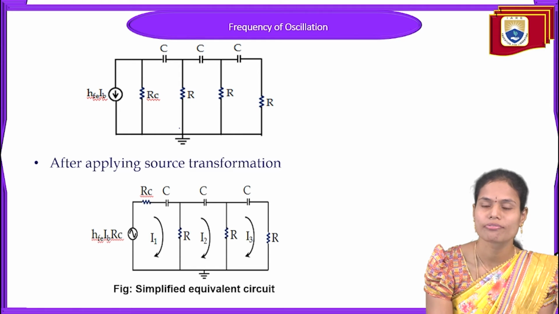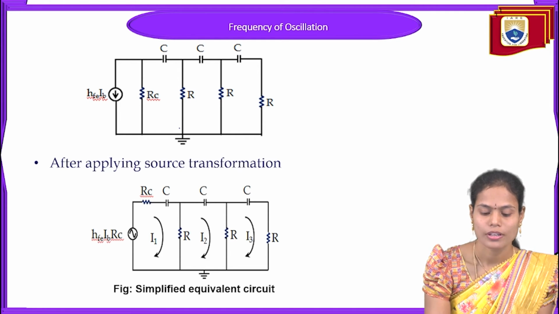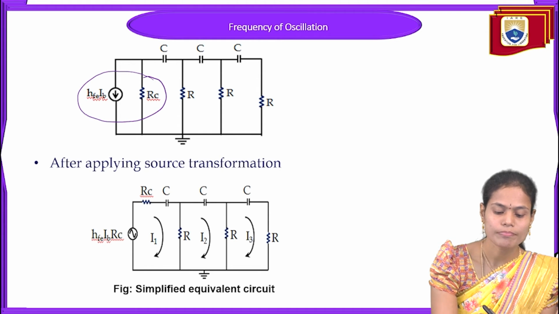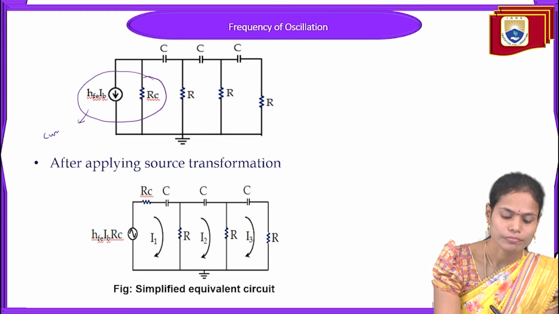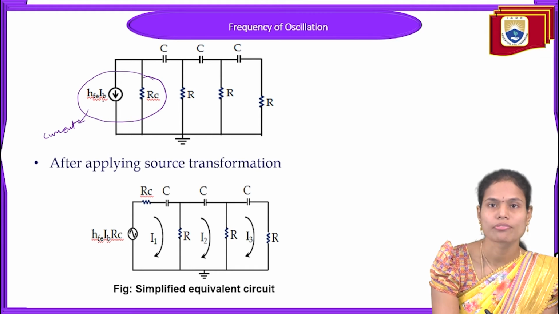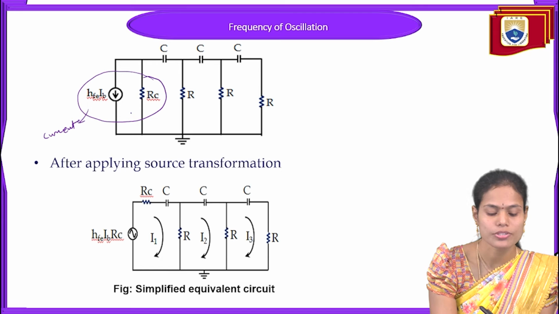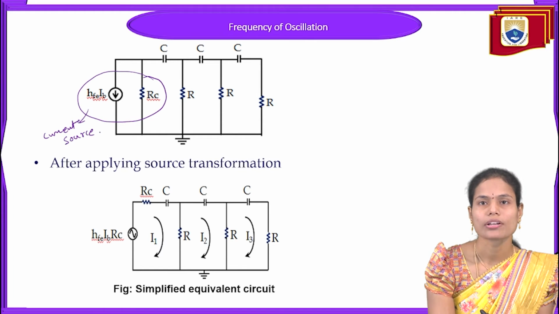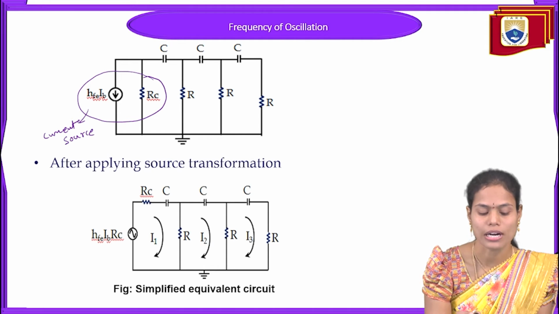That is a combination of 3 RC networks. Here I am applying source transformation to this part. It is in current form now, because HFE IB in parallel with RC means it is a current source. I wanted to convert it into voltage form to calculate the frequency of oscillation.